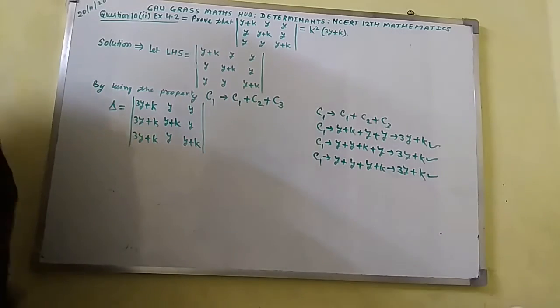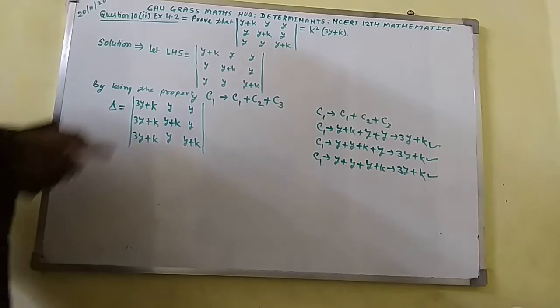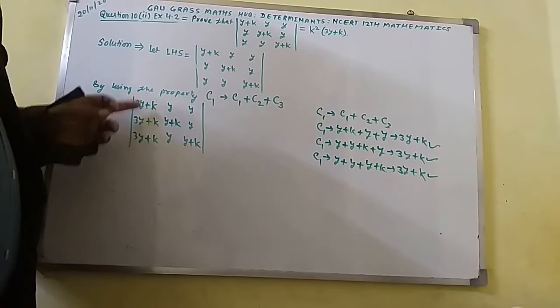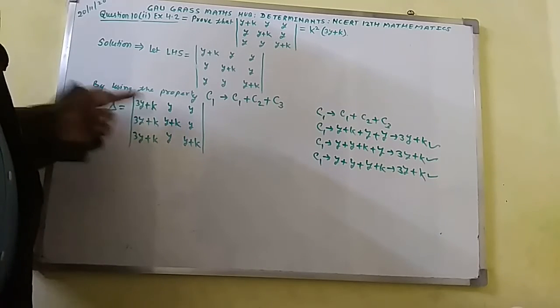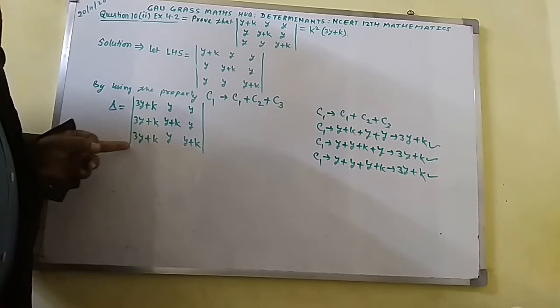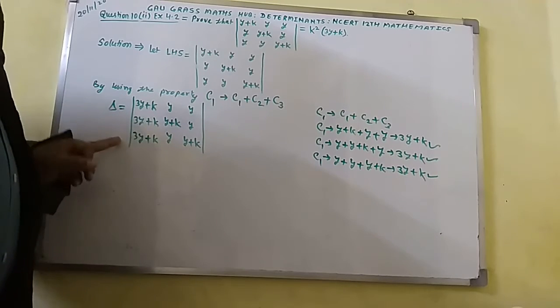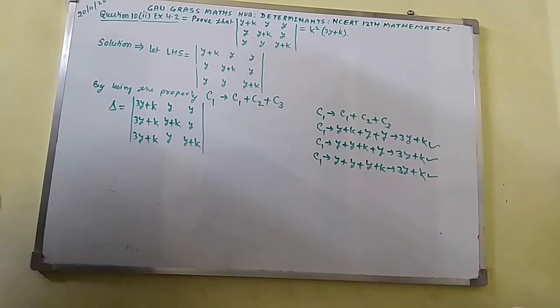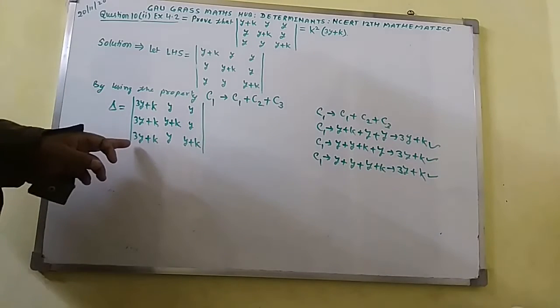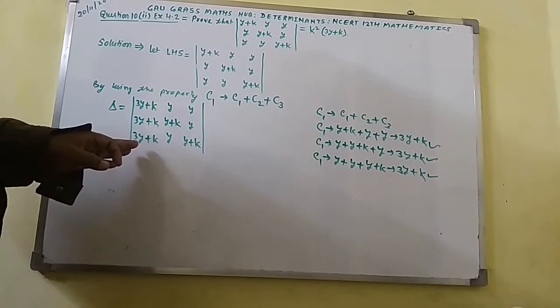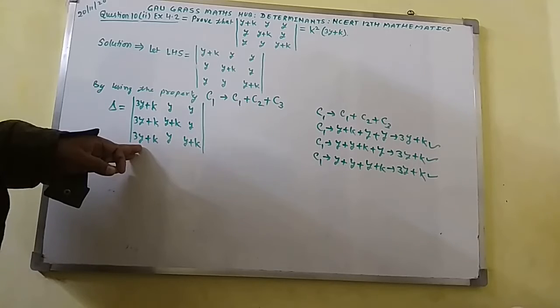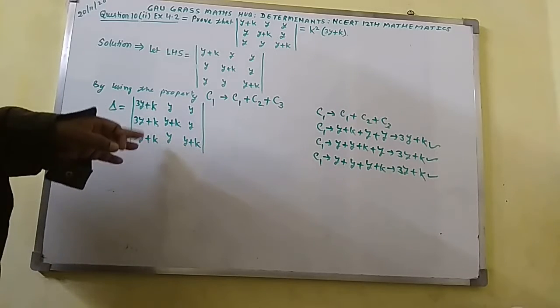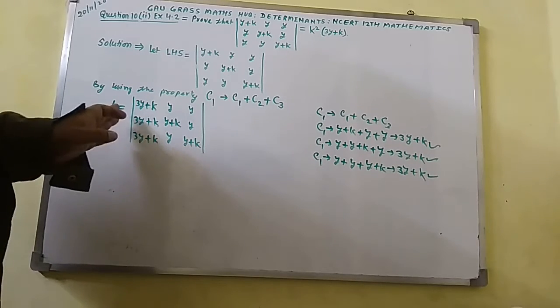Here you can see in the first column the elements are 3y plus k, 3y plus k, 3y plus k. Then in the first column the elements are the same. Then we can take easily 3y plus k as common from the first column.